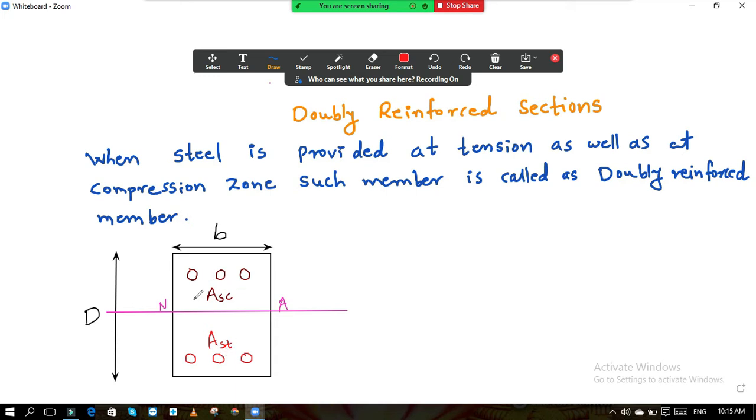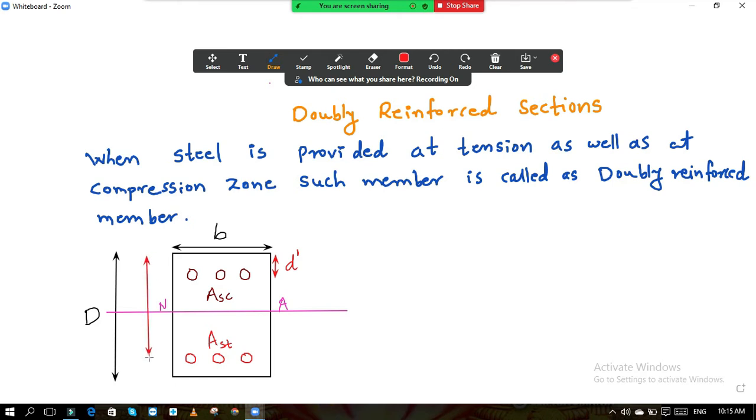Now suppose this is D dash, the effective cover from the top. What is the effective depth?